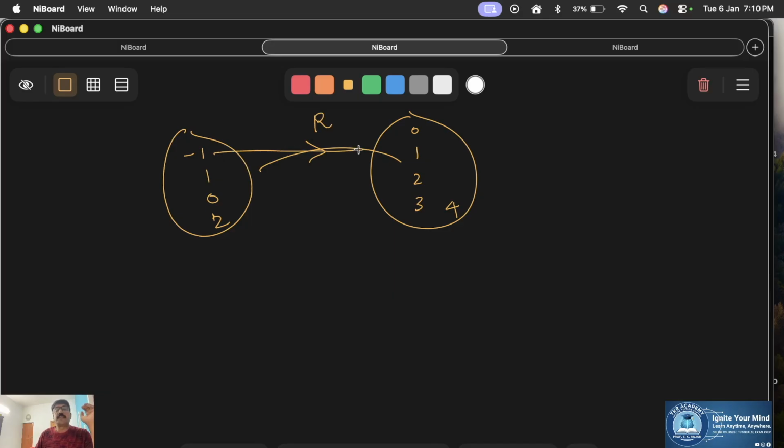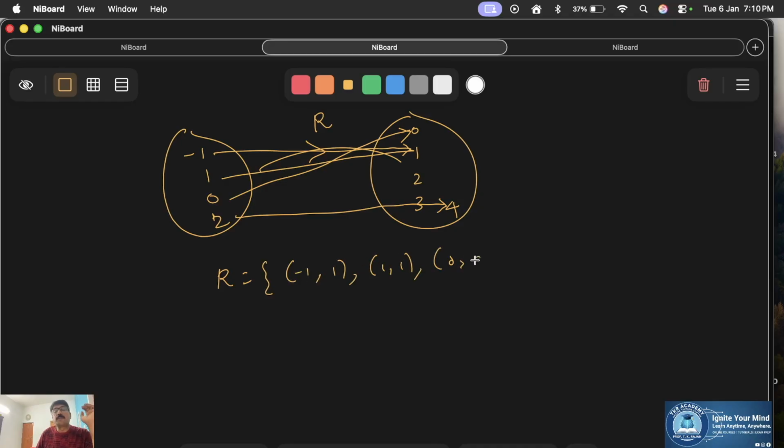So minus 1 is associated with 1, 1 is also associated with square 1, 0 is associated with 0 square, that is 0, 2 is associated with square 4. So now I am writing in the tabular form. These consist of the pairs minus 1, 1; 1, 1; 0, 0; 2, 4.